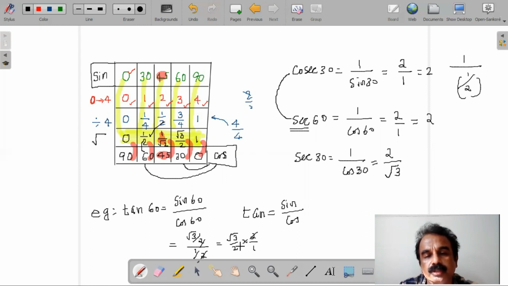Both are correct. 2 cancelled, root 3 by 1 is root 3. So tan 60 is root 3. Very simple. And if you want cot 60, either you take the reciprocal of tan 60, that is 1 by root 3, or you get it from cot is cos by sine.